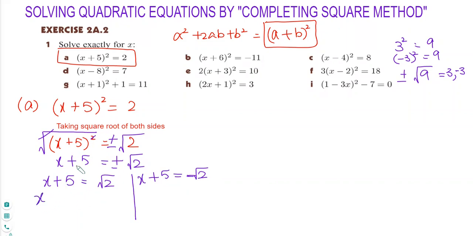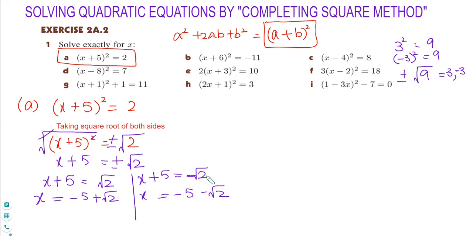Okay, taking 5 to the other side becomes negative 5 plus square root 2. This will be the first value of x. Similarly, it will be negative 5 minus square root 2. Now you can use your calculator to simplify this. So I'm using mine.